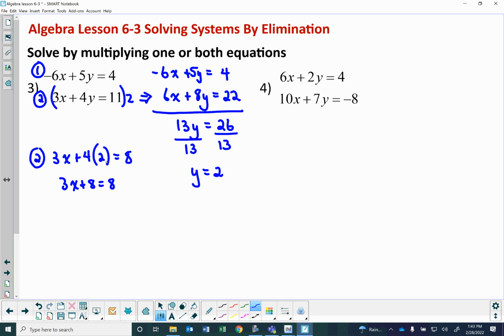Oops, 3x plus 4y equals 11, not 8. I don't know why I was thinking 8. This would equal 11. That's better. Subtract 8, and you get 3x equals 3. Divide by 3, and x equals 1. So my solution would be 1, 2.